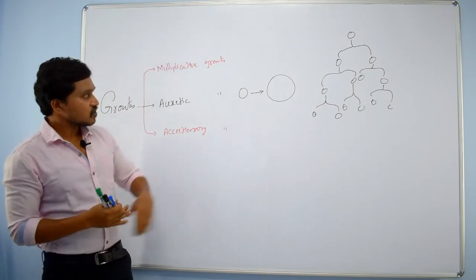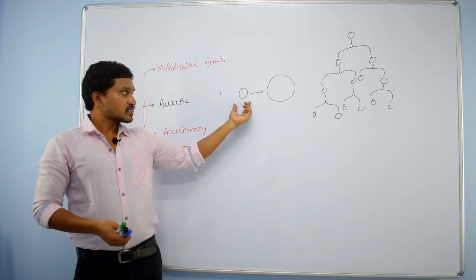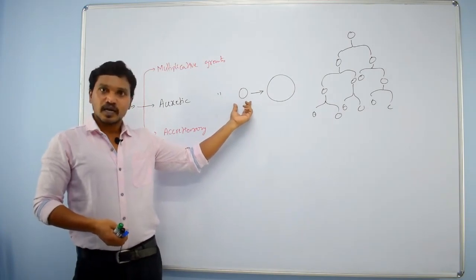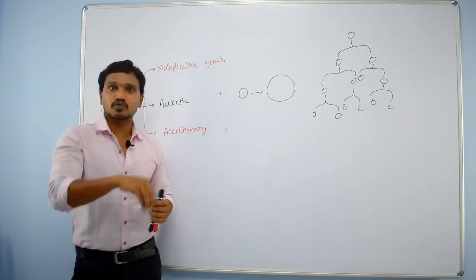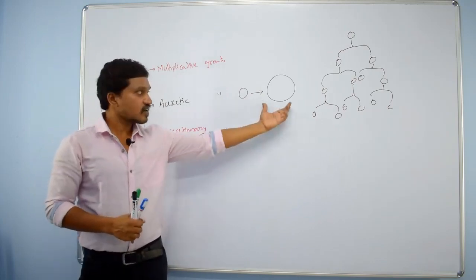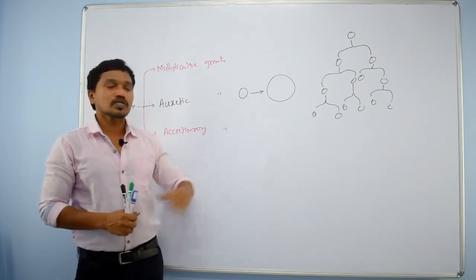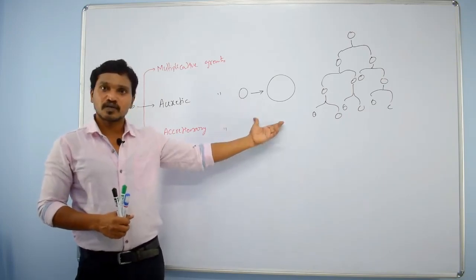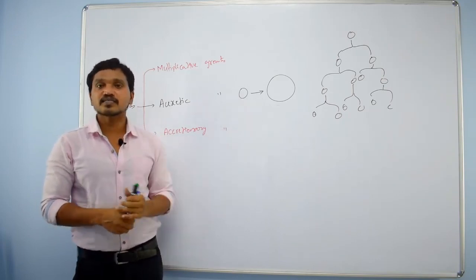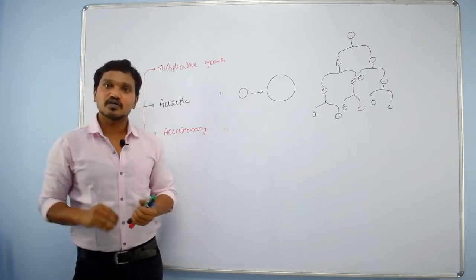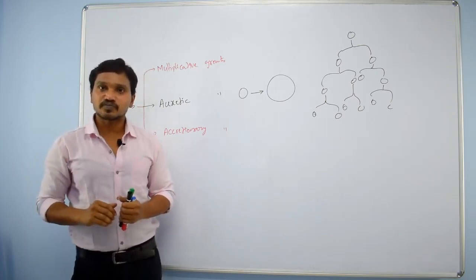Right? But here we have to discuss one thing. A smaller cell will have sufficient nutrition and it can produce by its own. But if it is a larger cell, it cannot produce sufficient nutrition by its own. For that, it needs some nutrition from an external source.